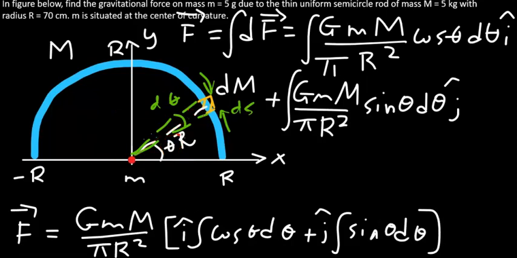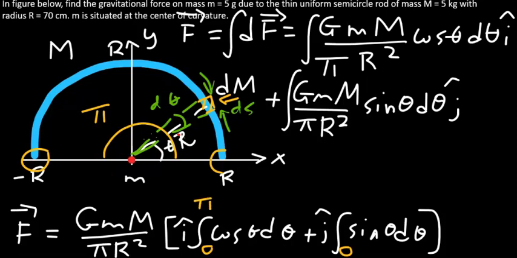Now comes an important part: the limits for those two integrals. When this element occupies the x-axis, theta is 0, so that is the lower limit for theta. And when dm is on the opposite side, you see that theta is quite simply 180 degrees.